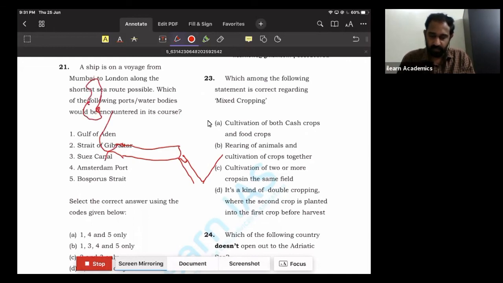Here is London. Here is Mumbai. So from Mumbai, you enter the Arabian Sea.